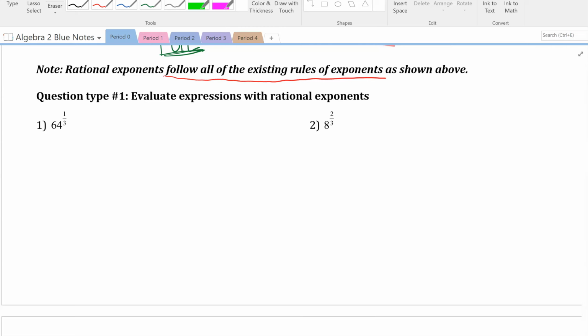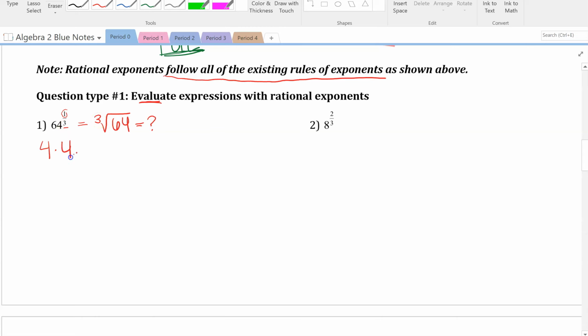So the thing to remember about evaluating is we're looking for a number answer, an answer that's a value, not so much an expression. So 64 to the power of 1/3, that means I need one of the 3 factors that multiply to equal 64. So I have to think to myself, what is the cube root of 64, right? What number times itself 3 times will equal 64?